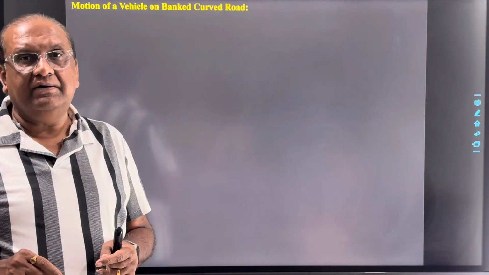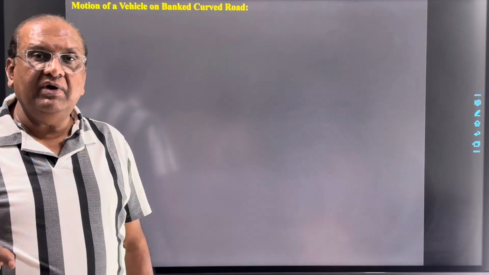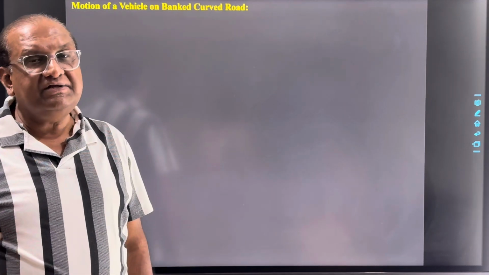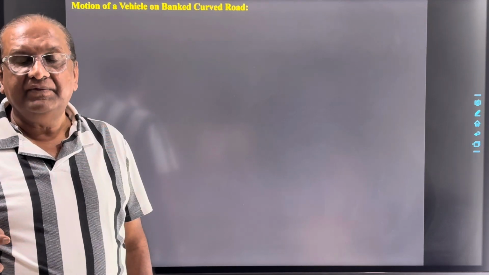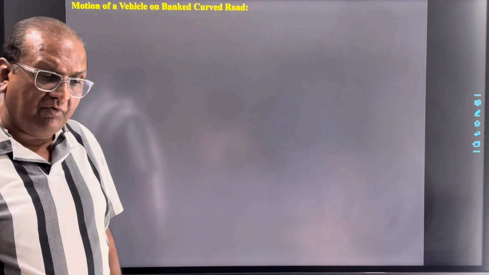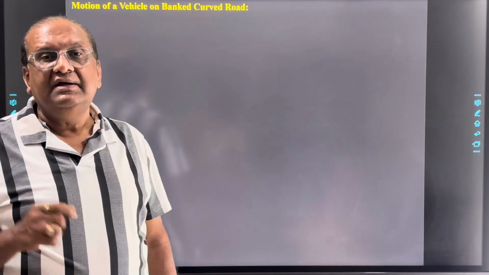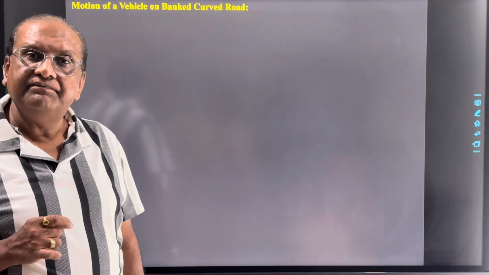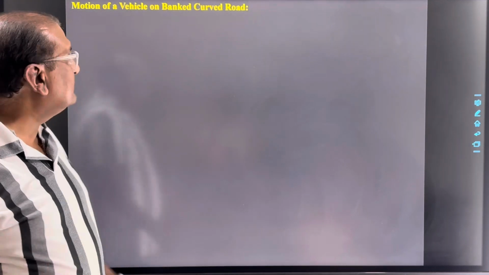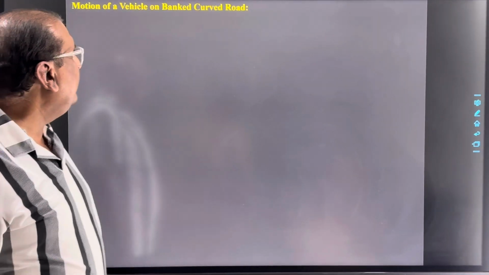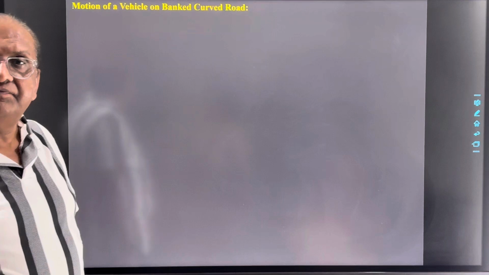So in that particular equation we can't change anything. And still, if you want to increase the maximum safe speed, then what to do? So let's discuss this motion of a vehicle on banked curved road.